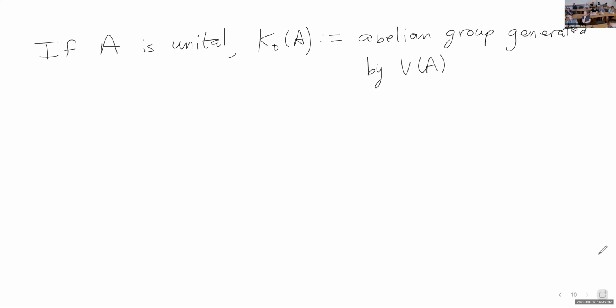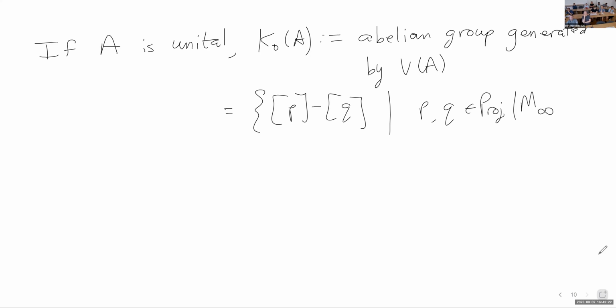In other words, you can think of it as the set of formal differences [P] minus [Q], such that P, Q are projections in M infinity of A, or the compact operators, so you get hypothetical objects. So this is the description of the Grothendieck construction.